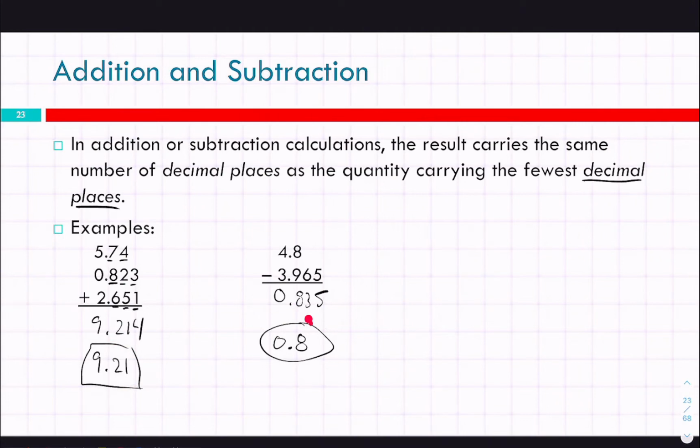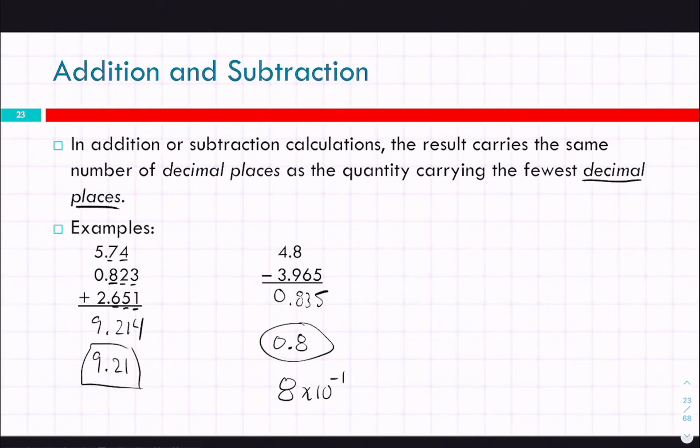So you could write this answer here as 8 times 10 to the negative 1. Those are the same number. But scientific notation is used either to make numbers more convenient to write or to read, or to better compare different numbers.